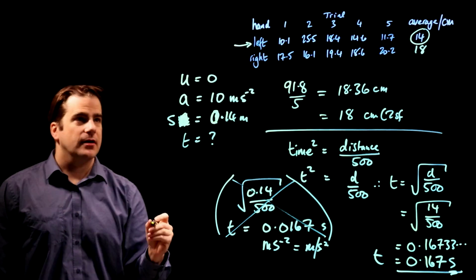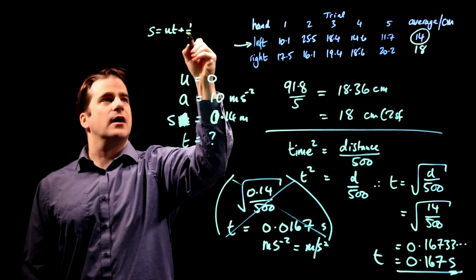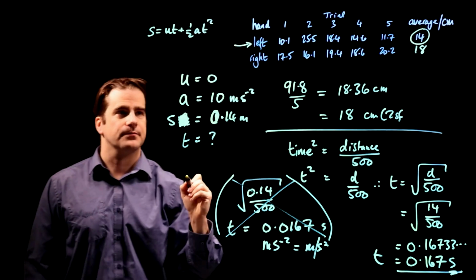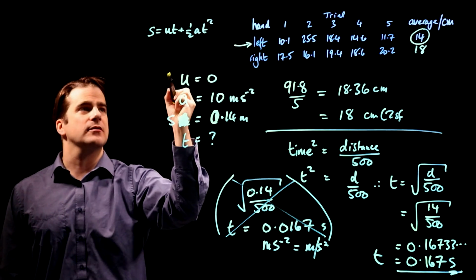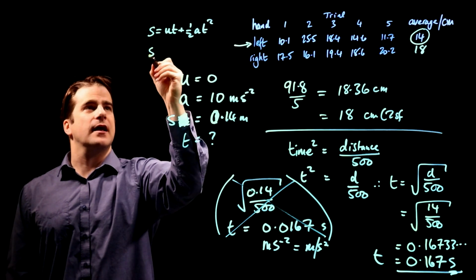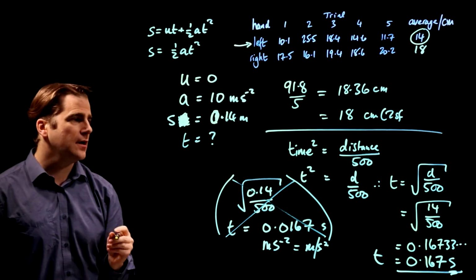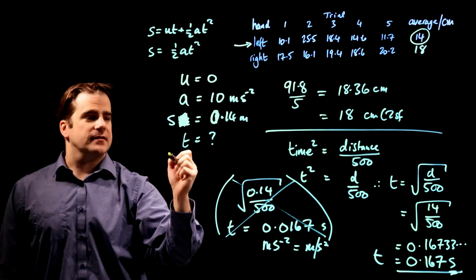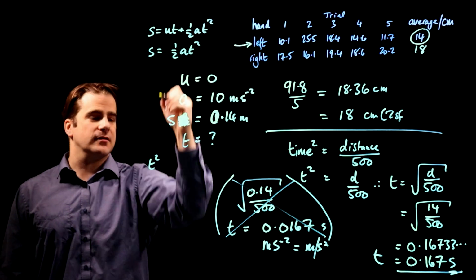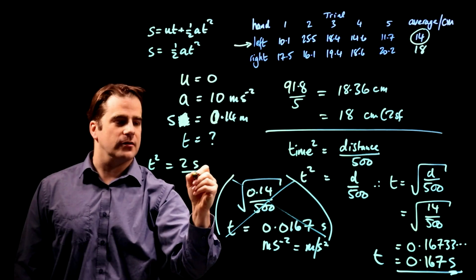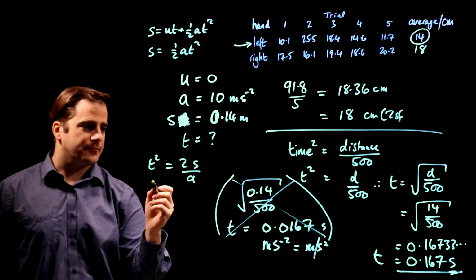U, A, S, and T, okay, it's S is UT plus half a T squared. U is 0, so U times T, whatever it is, is 0. So we just get S is half a T squared. Rearrange it, and we get that T squared is 2S over A. See, that's similar to that already.